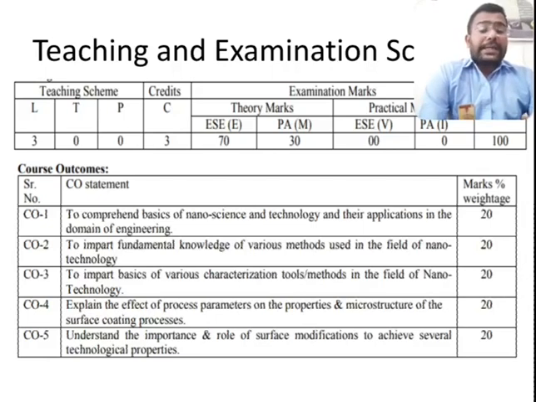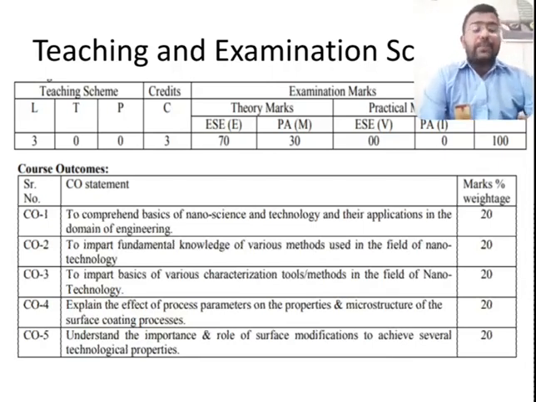The technology which is used to modify the surface, we will learn in this last chapter or last objective, and that objective also covers 20% in the GTU exam.